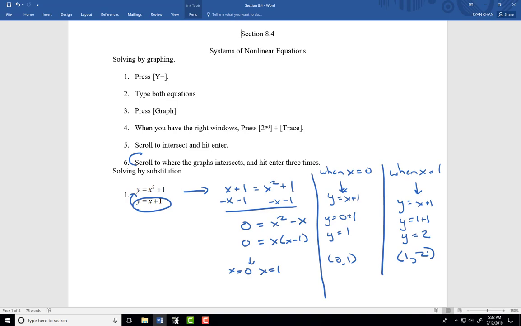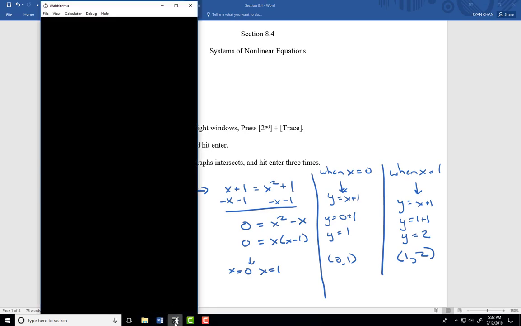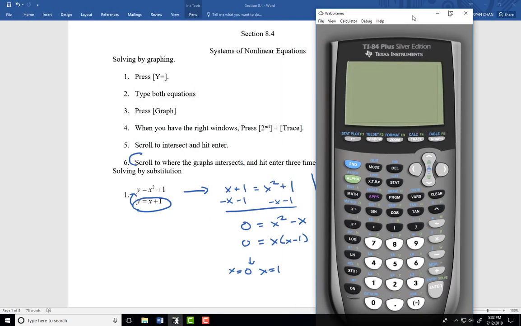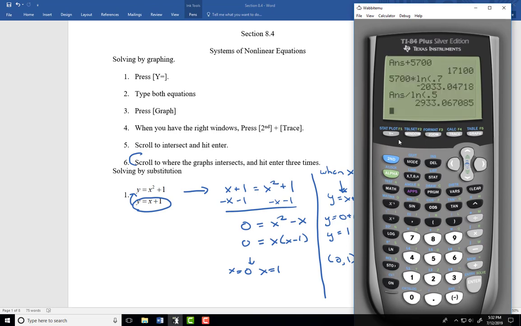So you can check by plugging in both, or you can also check by graphing. So I can graph y equals x squared plus 1 and y is equal to x plus 1 and graph both of them. I want to see where they intersect. Actually, let me zoom in.